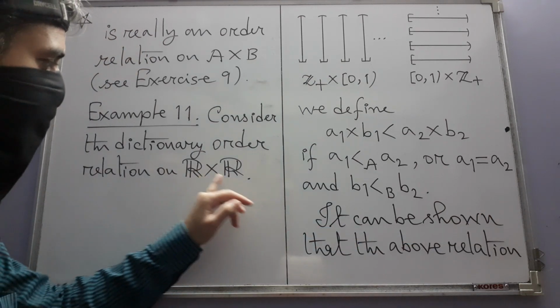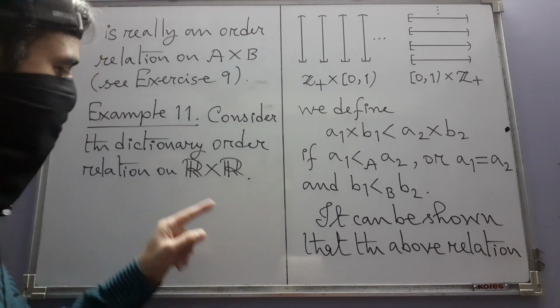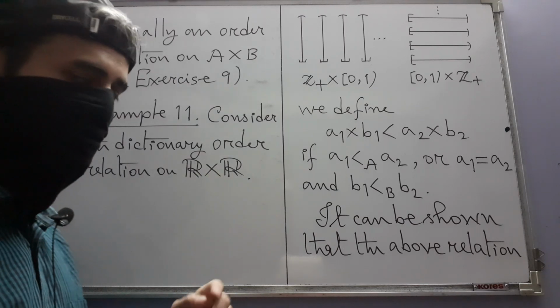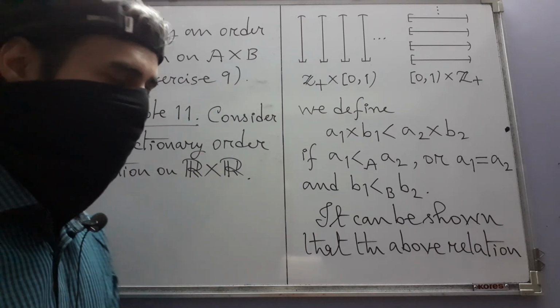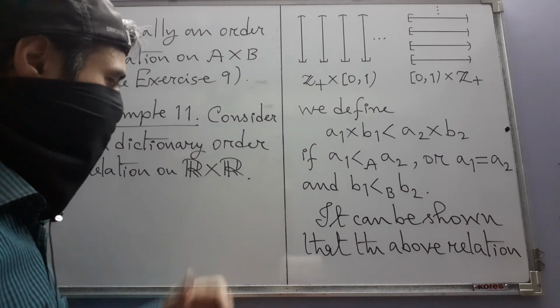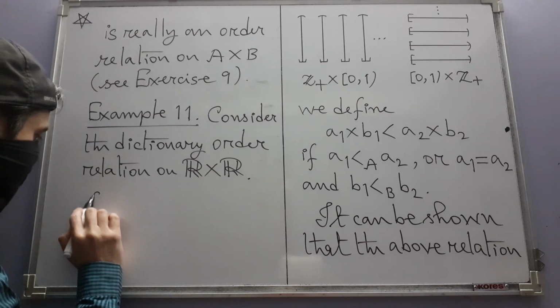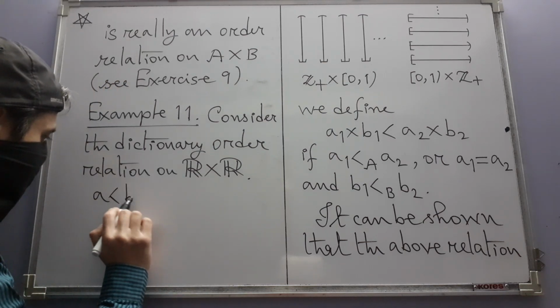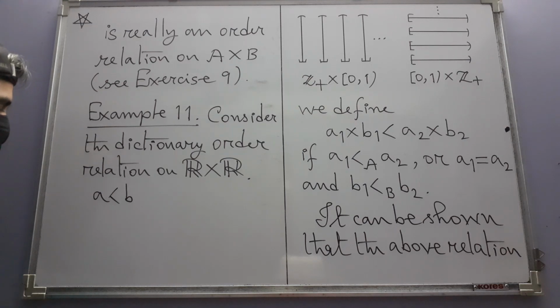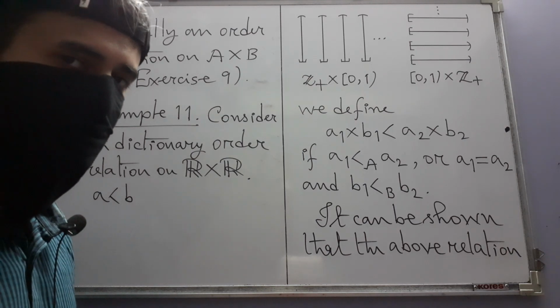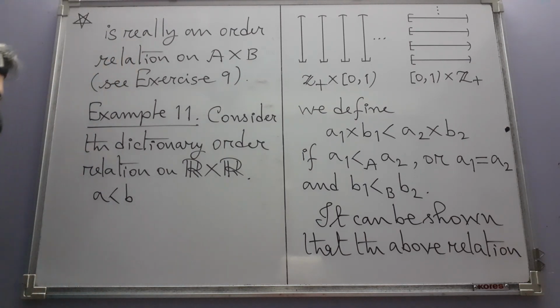And what are the individual orders on these sets? That is your usual order less than, which of course, when do we say that A is less than B, where A and B are real numbers, namely when B minus A is a positive real number.